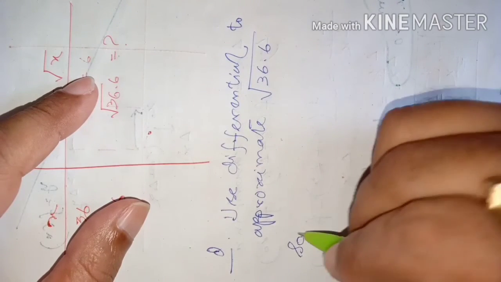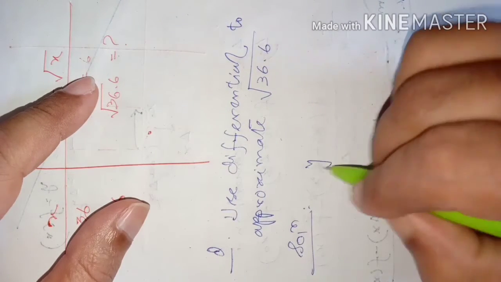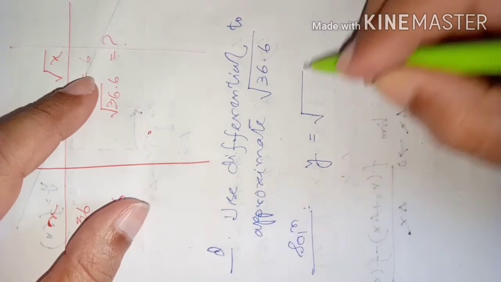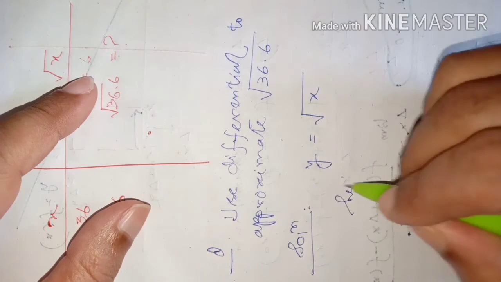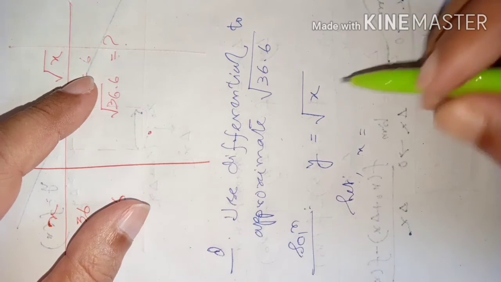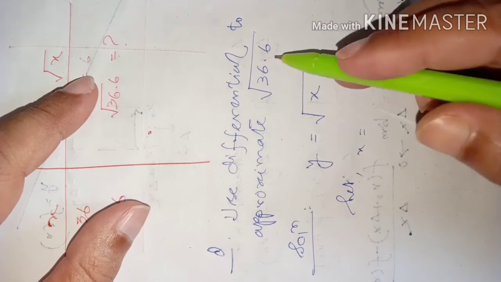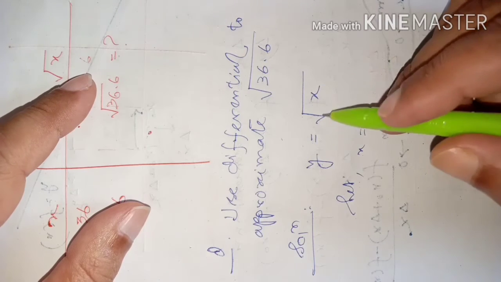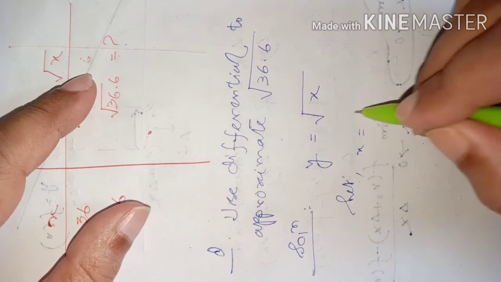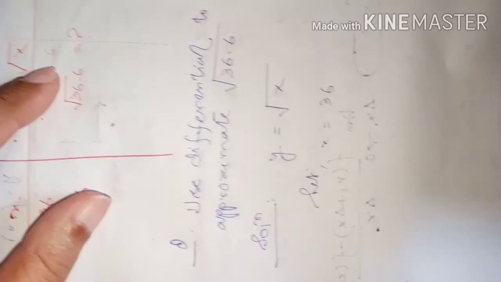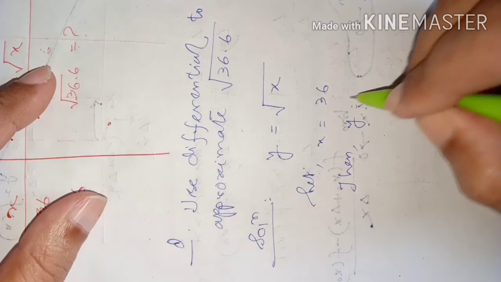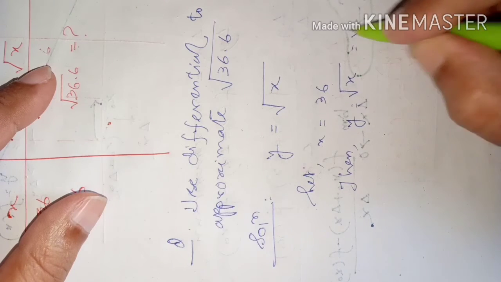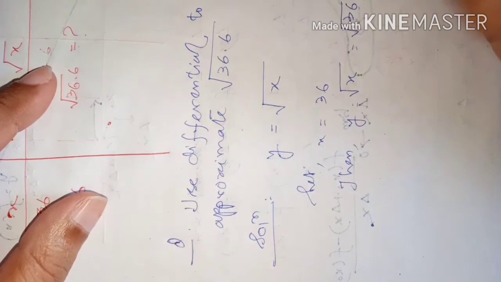So dear students, we can take the function y as under root x. So let us take x equal to a number very close to this, whose square root you can obtain easily. So let us take 36. Then y is equal to under root x, that is under root 36, which will give us 6.